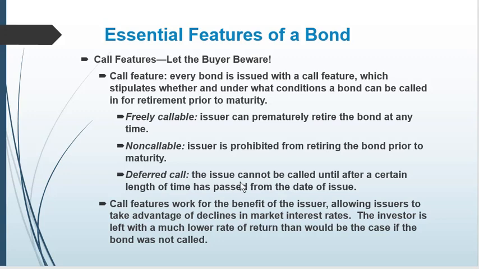That basically says there's a date certain. So it's issued as a 30-year bond, and they say, well, for 10 years we won't call it. It'll be deferred until 10 years. So anytime after 10 years, they can call back this debt. And again, this is a great advantage to corporations because it allows them to refinance their debts if interest rates are indeed falling.